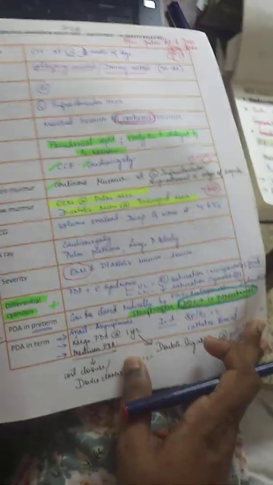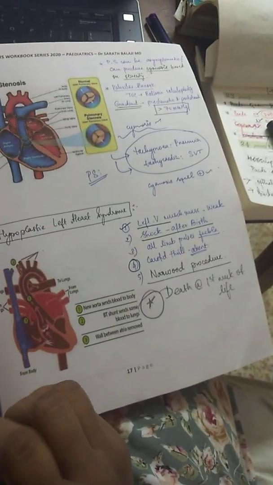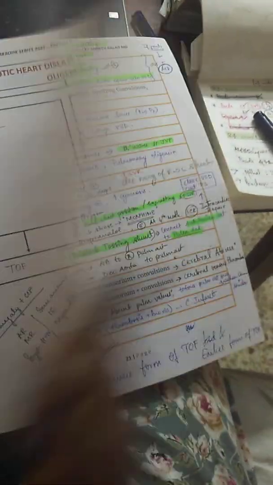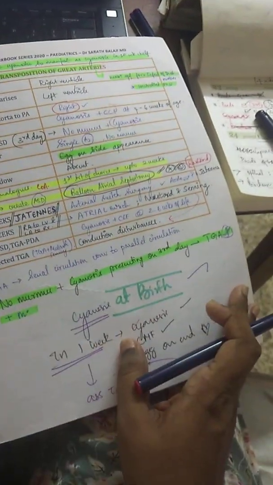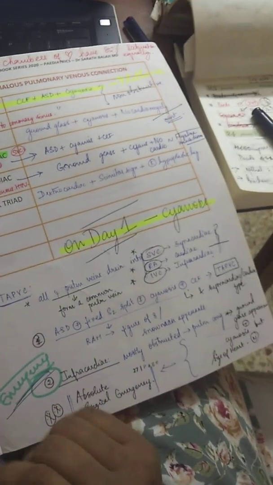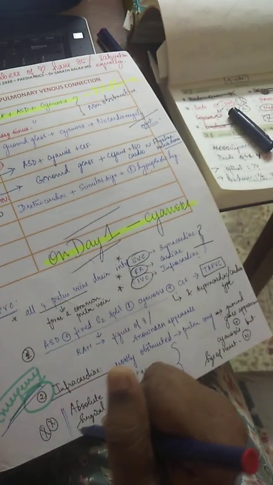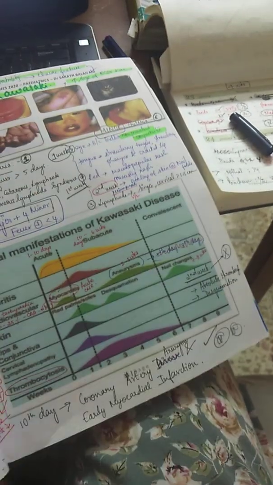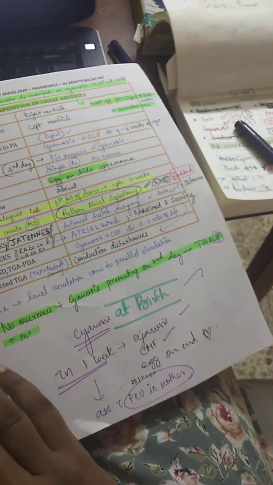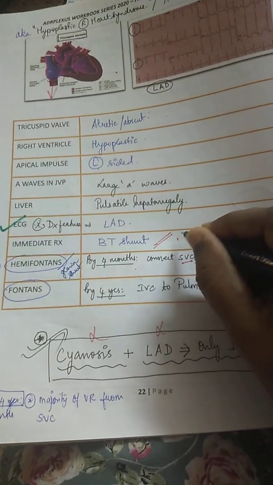It's not VSD, it's not ASD, and it is not PDA also. It's not coarctation of aorta. Is it TGA? No, you don't do Blalock Taussig shunt in TGA. It is not in TAPVC also. Yes, we do Blalock Taussig shunt in tricuspid atresia. Very important.